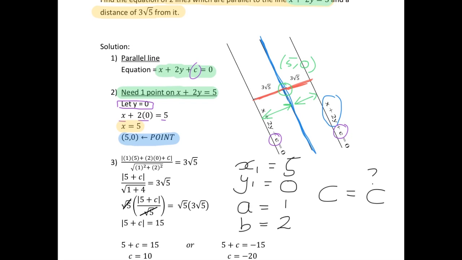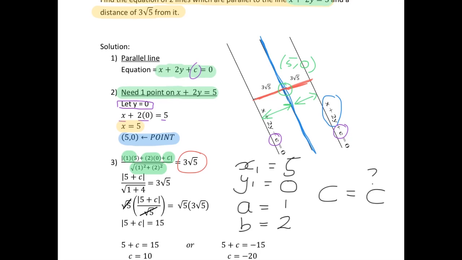So once we fill in these values into the formula, we will have 1 times 5 plus 2 times 0, which is 0, plus c, all over the square root of 1 squared plus 2 squared is equal to the perpendicular distance that we set, 3 root 5, because we want our lines to be 3 root 5 away from this point 5, 0, which means both lines will be 3 root 5 away from our original line.